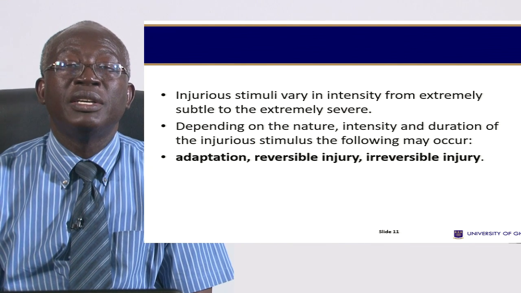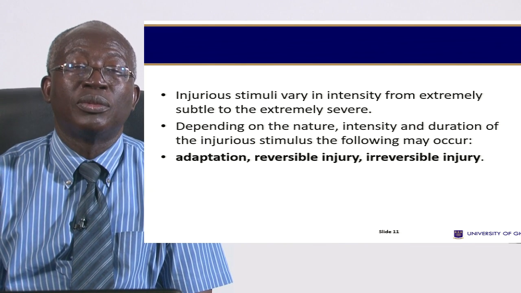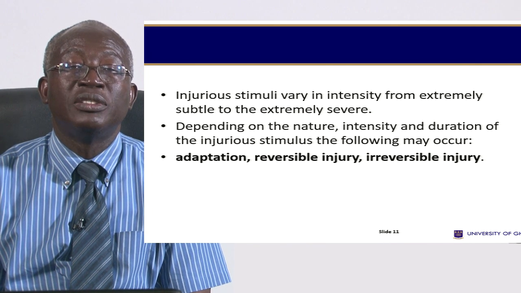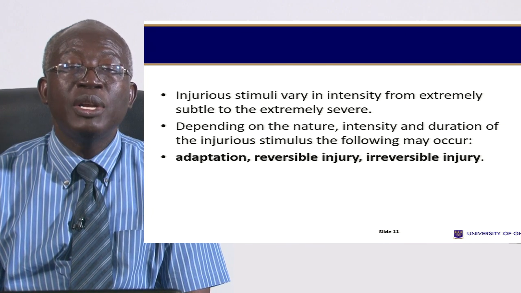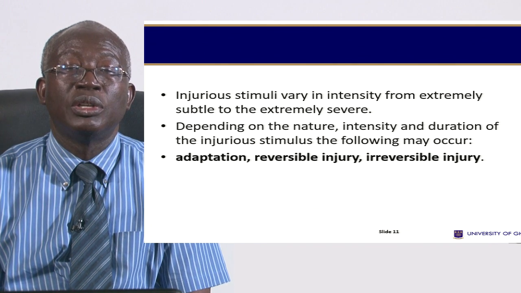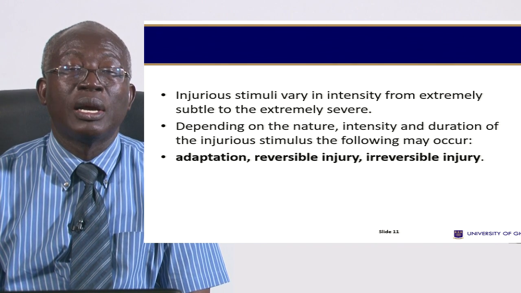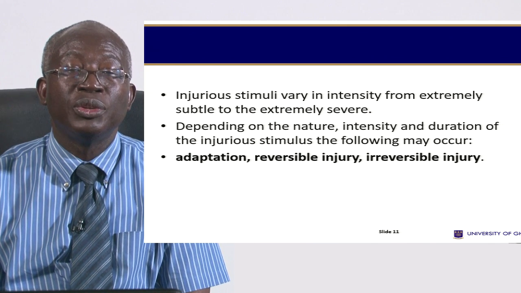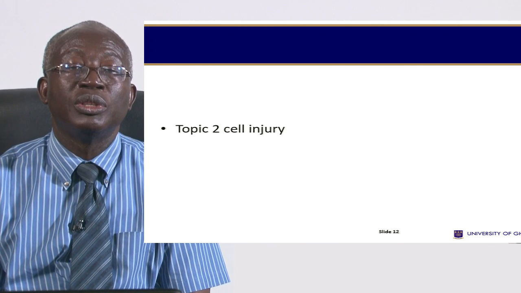Injurious stimuli vary in intensity from extremely subtle to extremely severe. Depending on the nature, intensity, and duration of the injurious stimulus, the following may occur: 1. Adaptation. 2. Reversible injury. 3. Irreversible injury.